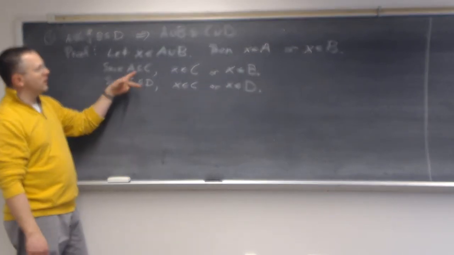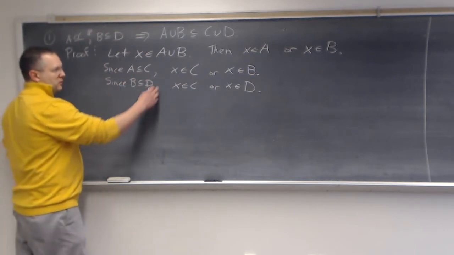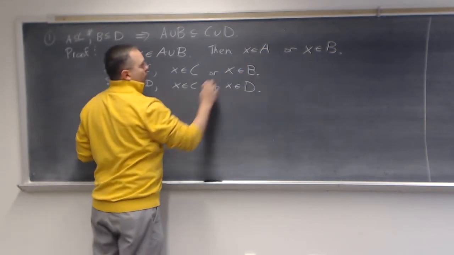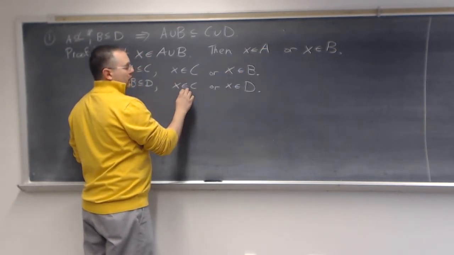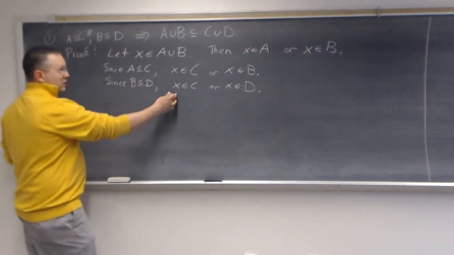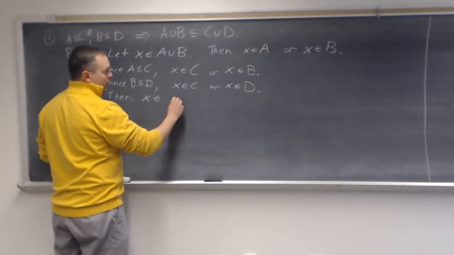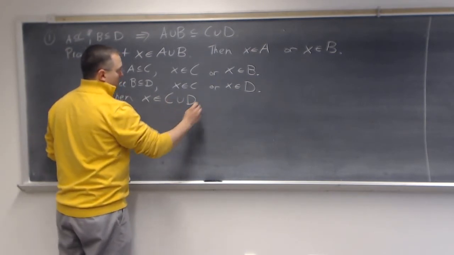I can see maybe trying to do this in one line, but I'm choosing to break it up into 2 steps. I know X is in A or in B, and I conclude X is in C or B, and I can conclude X is in C or D. But what does this mean? Then X, by definition of union, is in C union D.